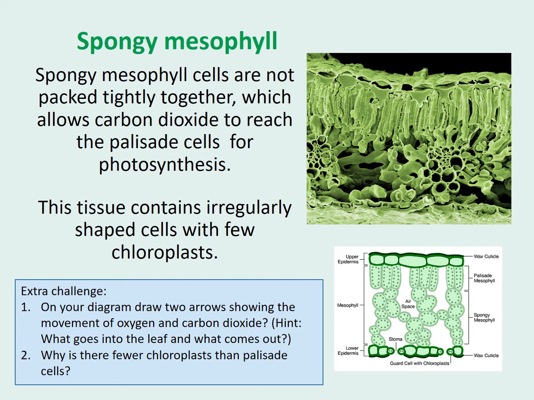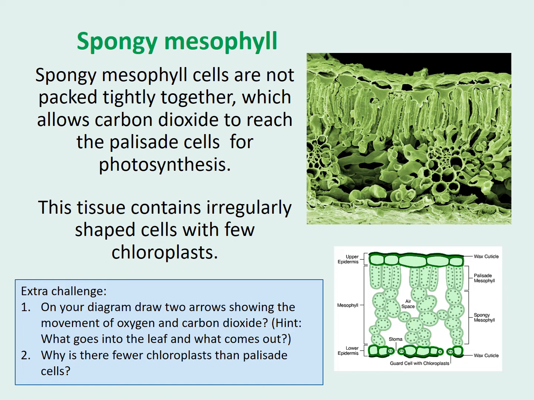That's really useful because it means that they're not tightly packed together, and it creates airspace within the leaf. The airspace is really important because that's where all of the gases move around that the plant needs for photosynthesis. When you pause the video, you're going to put information about the spongy mesophyll, what its function is and how it's adapted for that.